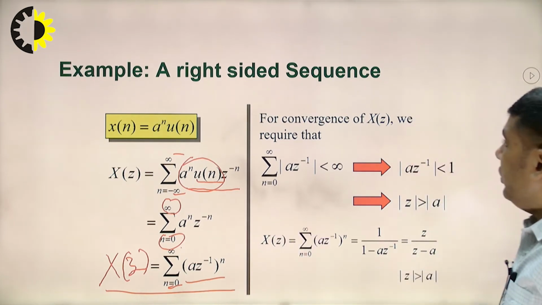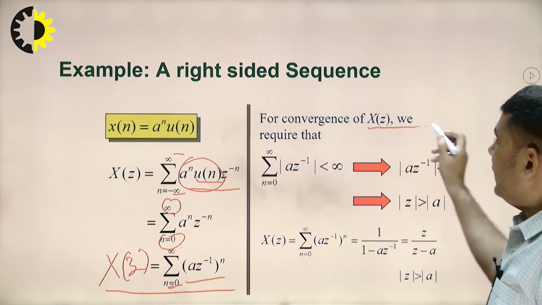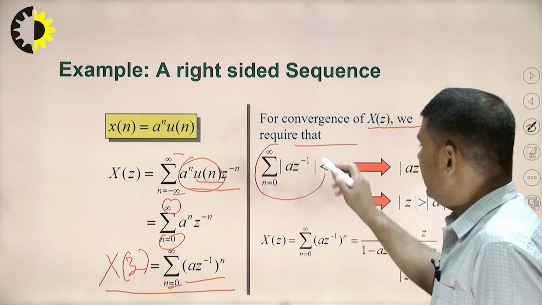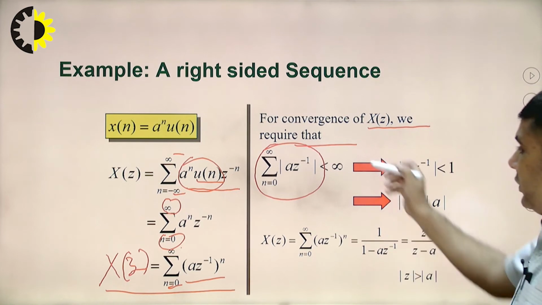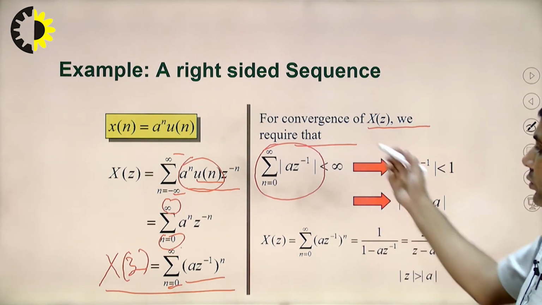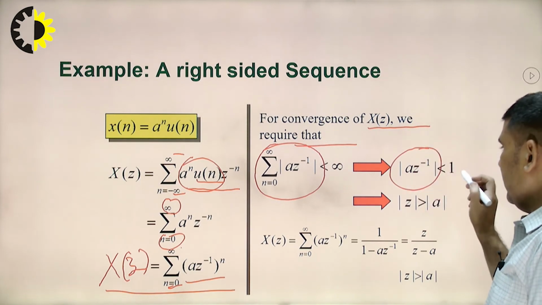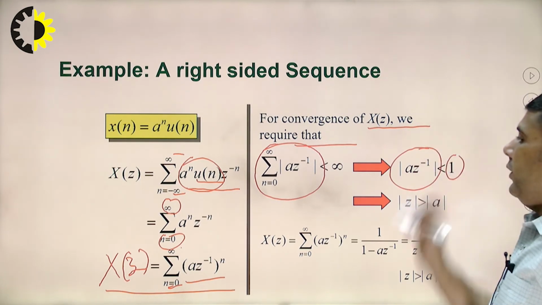For convergence of X(z), we require that this term's magnitude must be less than infinity. For that, the magnitude of a z^(-1) must be less than 1.